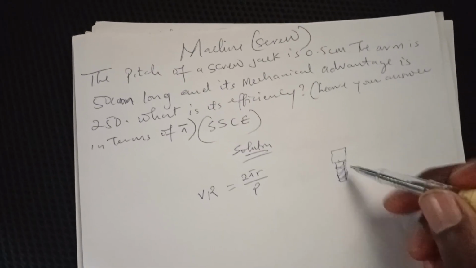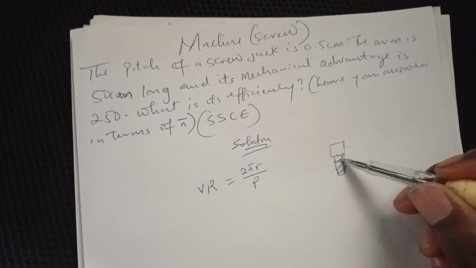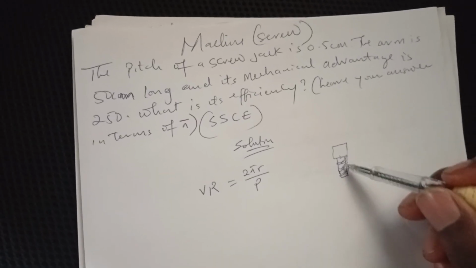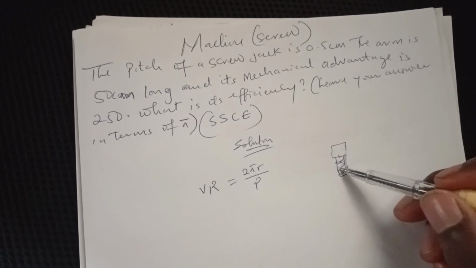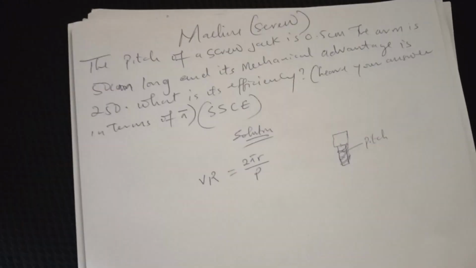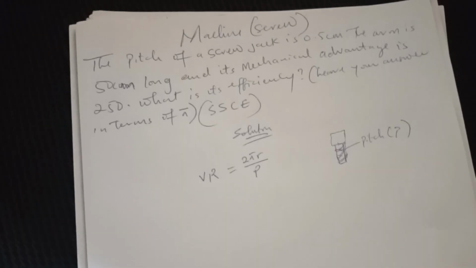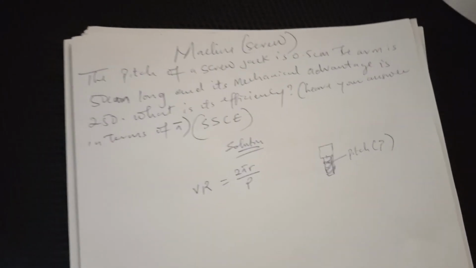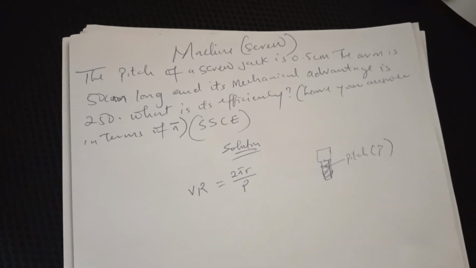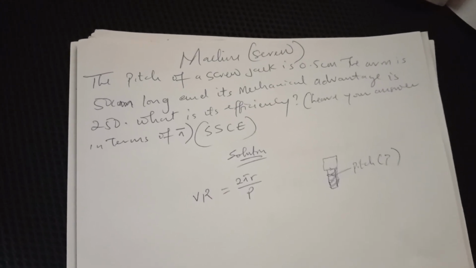The pitch is the distance between two threads of the screw. This first thread and this second thread, the distance between them is known as the pitch, our P. There's more to that, and if you want us to touch it, you can show your interest in the comment section. So, quick one, let's discuss this.